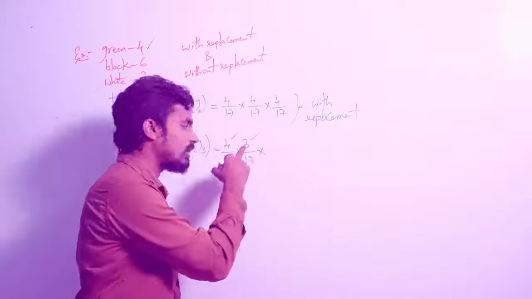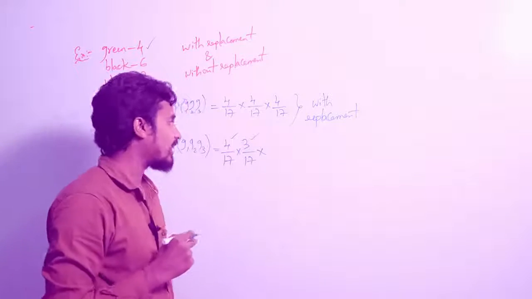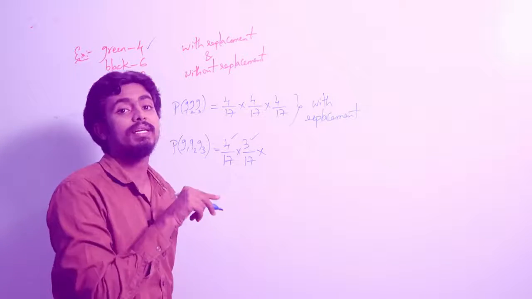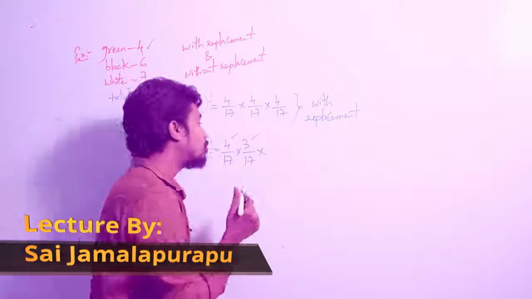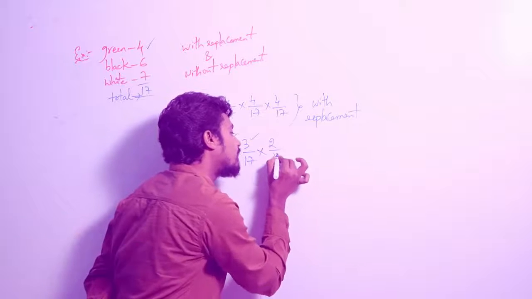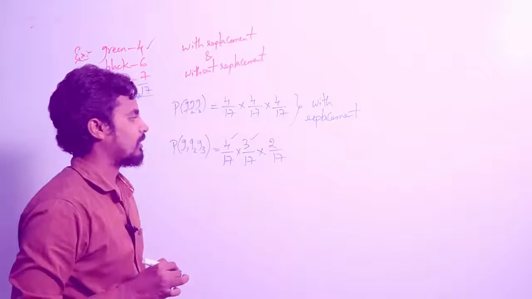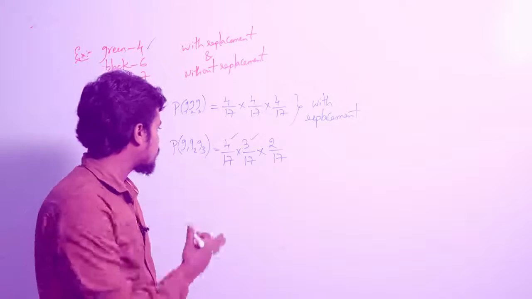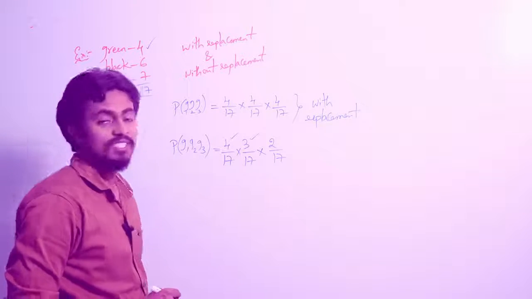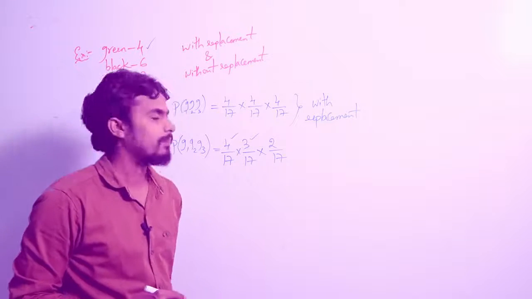Here we have the 3. Now we have 3 green balls, and I can't replace it with another green ball. Then 3 will be reduced to 2, 2 divided by 17. This was the case. Now let's see, in order to write in terms of G1, G2 and G3 notation, what will happen?